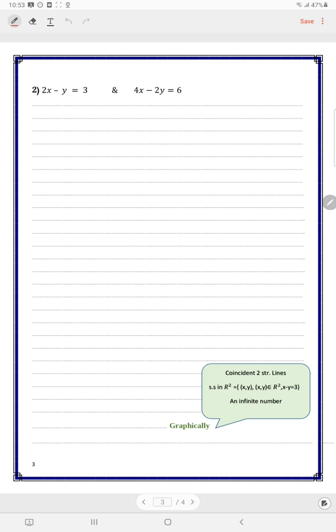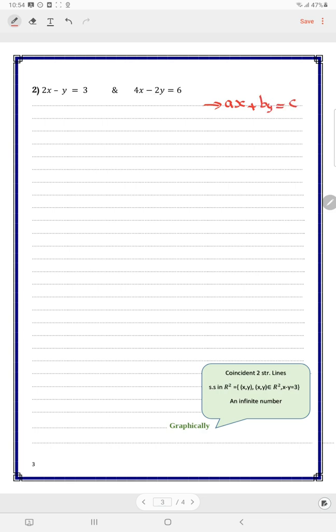Here I have two equations and I want to determine the position and find the solution set by using the algebraic method. Firstly, determine the position. To determine the position, write the two equations under each other in the form ax plus by equals c.